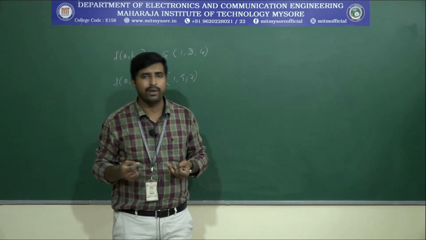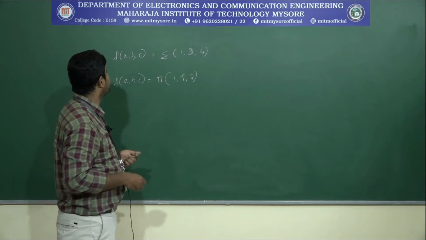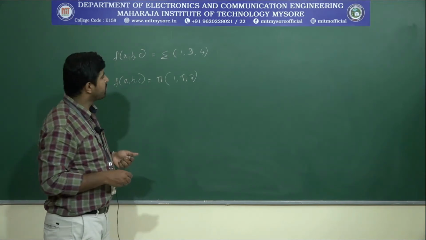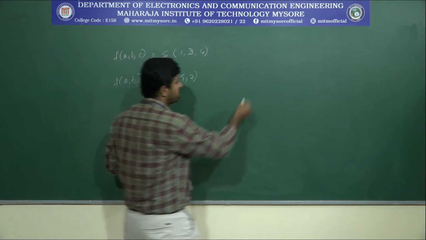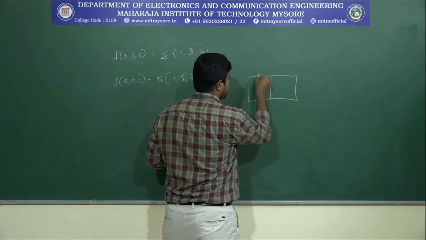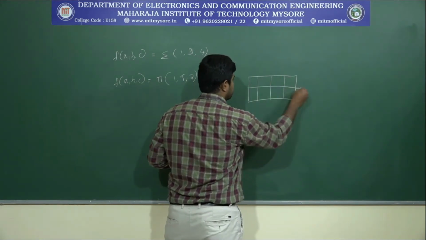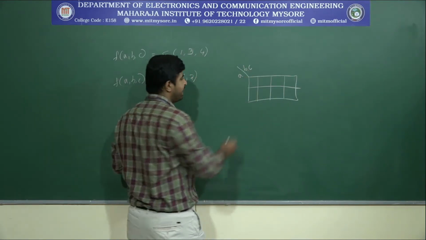These are 2 things we need to understand to make ourselves comfortable with grouping. So, different ways of grouping. I have taken these 2 examples. The first example is: F of a, b, c equals summation of 1, 3, 4. Let's write a K-map for that equation. With 3 variables, we will have 8 cells.